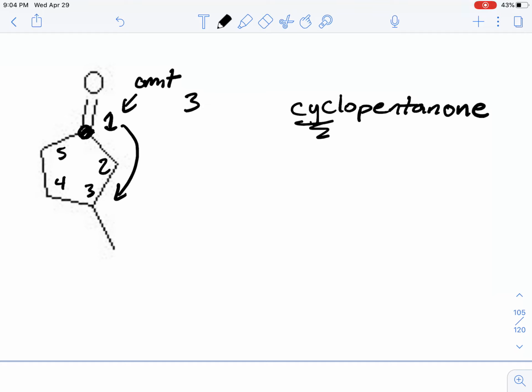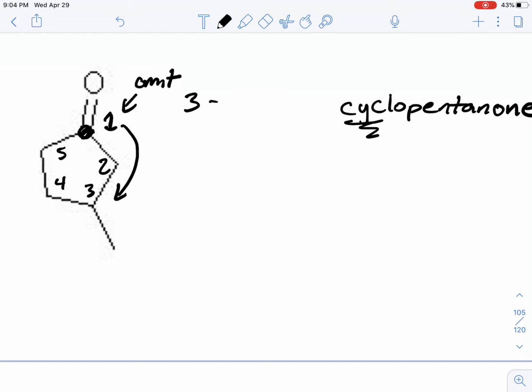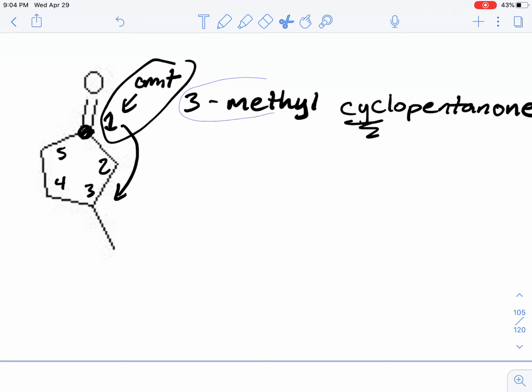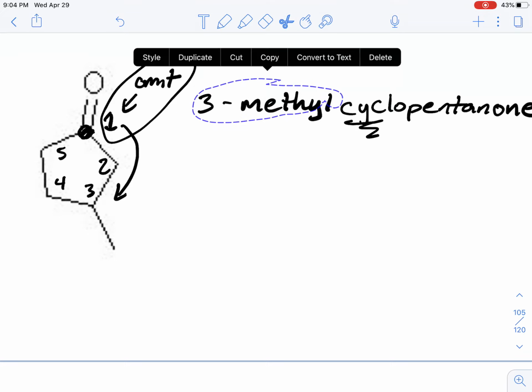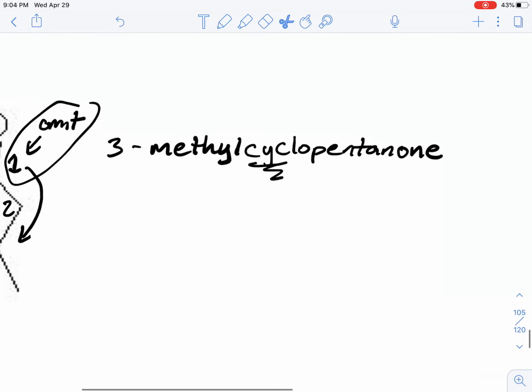And so here I have a 3-methyl. So 3-methyl, and since I'm going to omit placing that carbon number 1, I'm just going to go ahead and scoot this guy over so that the L and the C just represents one word.